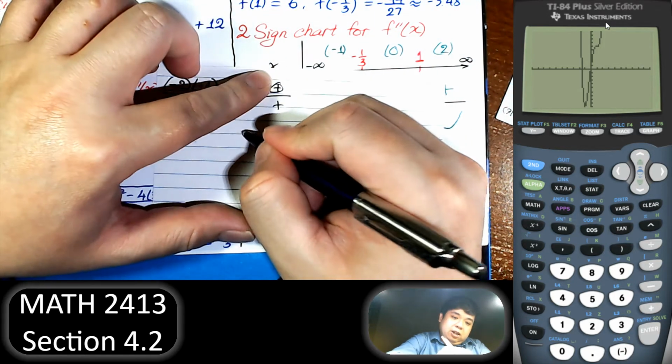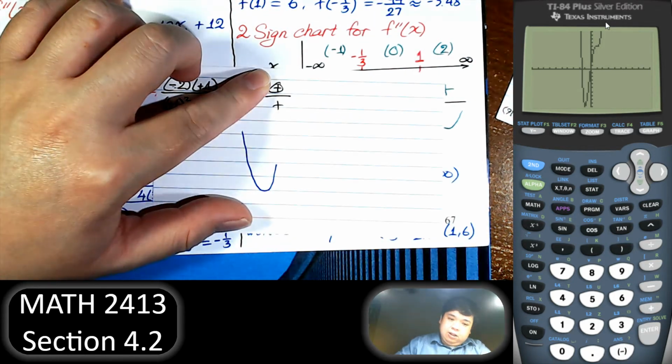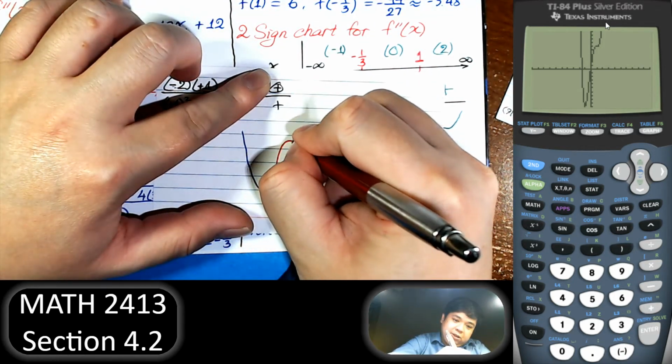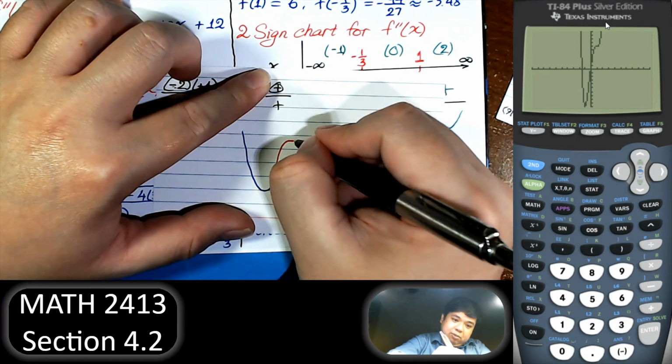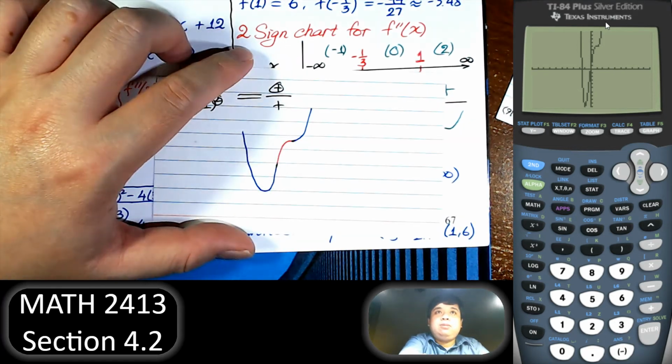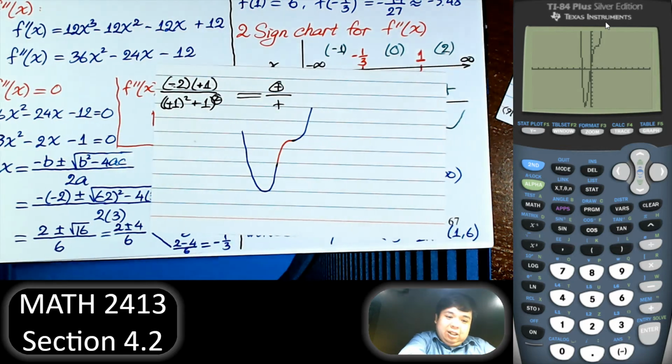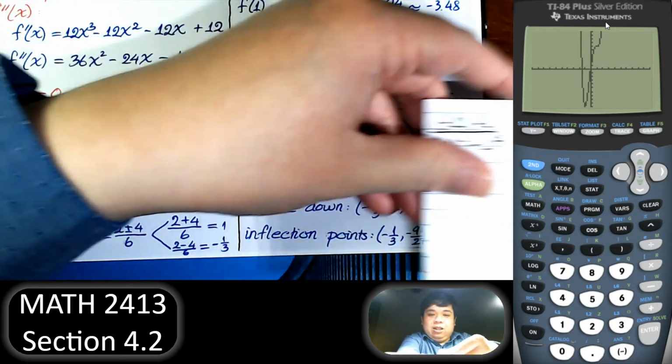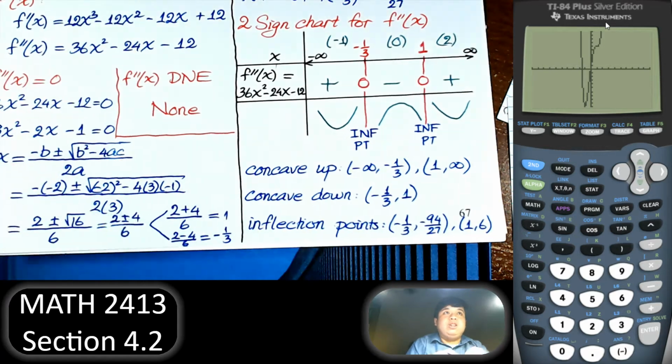So concave up, concave down, and then back up. So that's what the graph looks like, and we can get that from the sign chart.